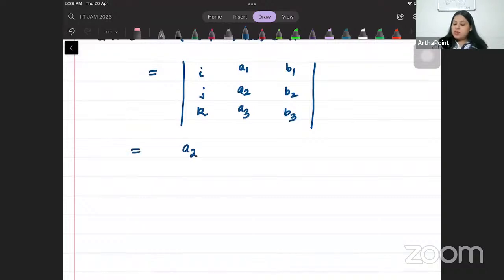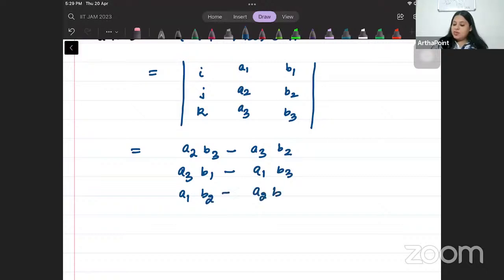So this determinant will come down to A2B3 minus A3B2, A3B1 minus A1B3, A1B2 minus A2B1. This will be the vector that is formulated when you have A cross B.